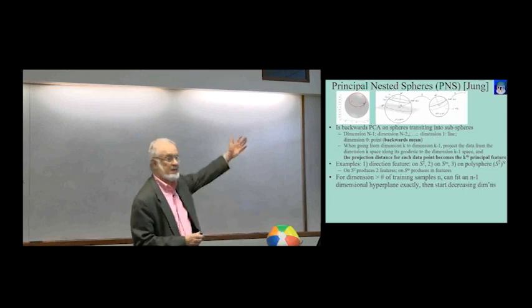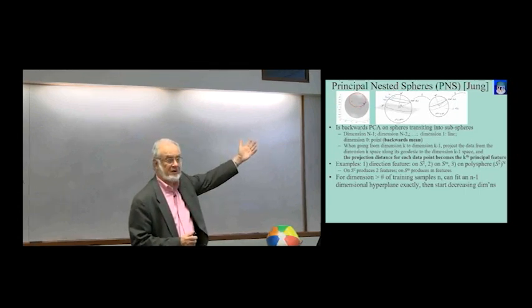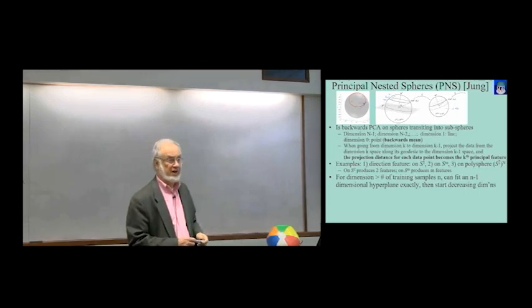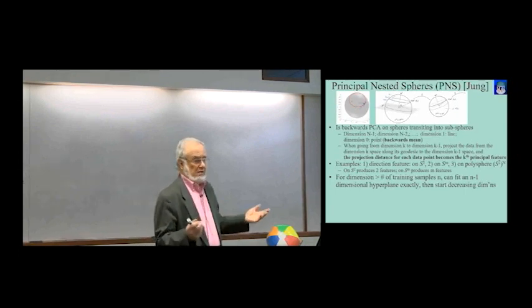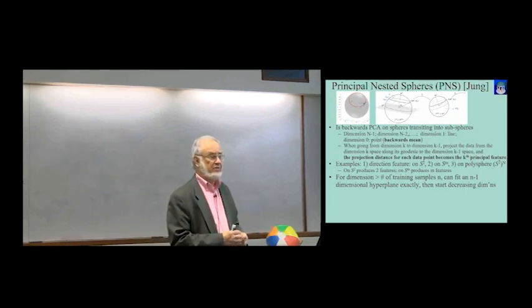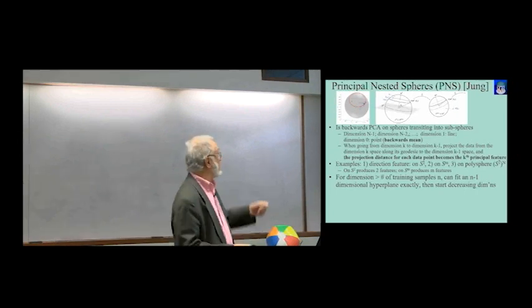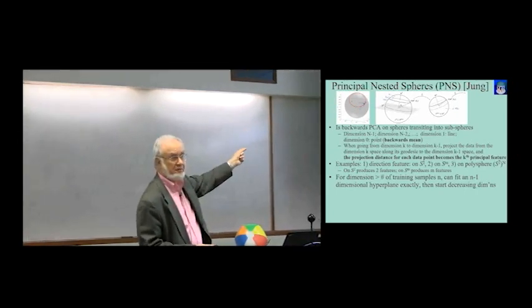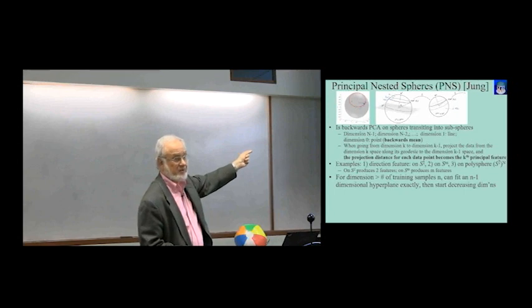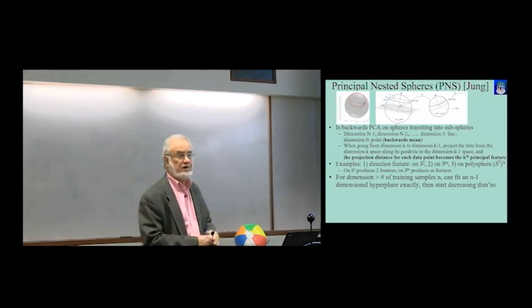Take any new point, like the one that you have up here but wasn't used in training. It's a point in the sphere for a new PDM. You know what the subsphere is, you can project it, and that gives you the feature.